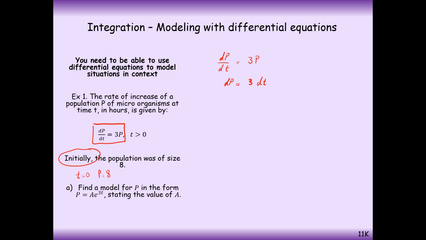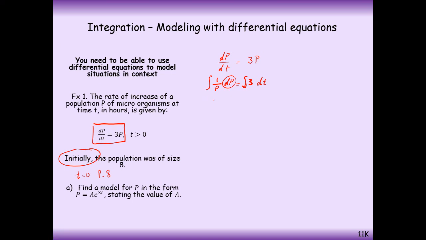I'm going to leave the constant 3 on the right, and take 1 over p to the left. Then we can put the integral signs in front of these. Because we have a dp here, it only makes sense to integrate with respect to p, and we have dt here.